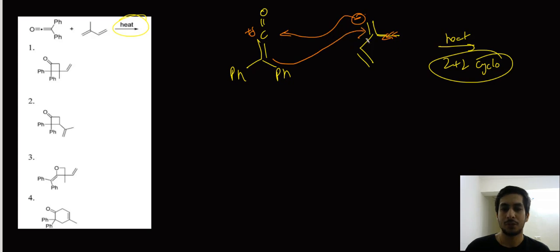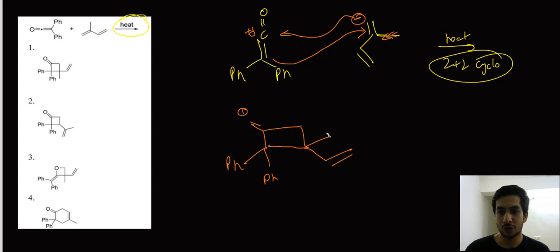Okay, so if we draw the product, we have two phenyls, and we'll get a four member ring obviously. To this carbon we have oxygen attached, and this minus charge attacks over here, and the methyl substitution is over here. This bond is bonded like this, so there's a methyl substitution, and then we have the double bond.